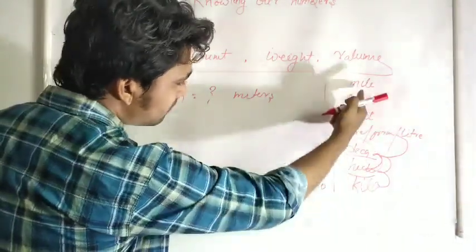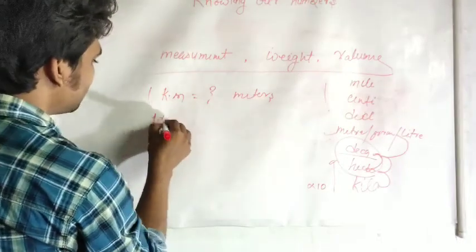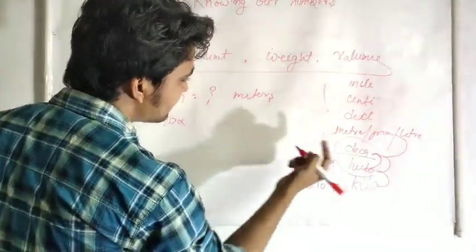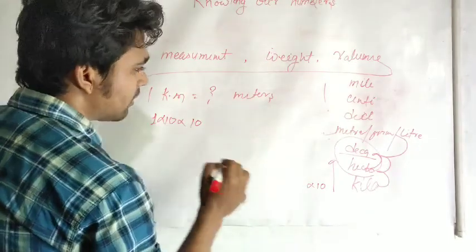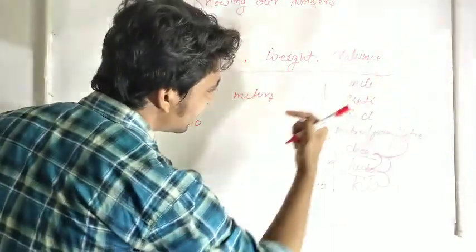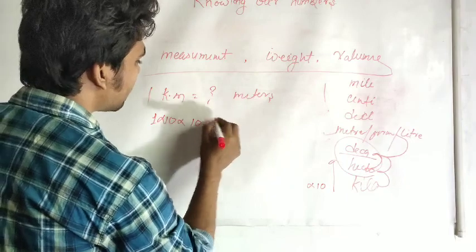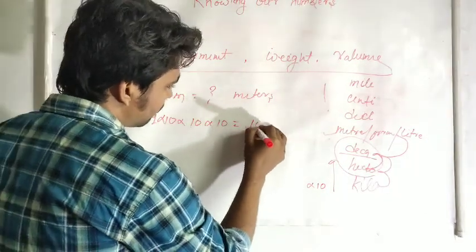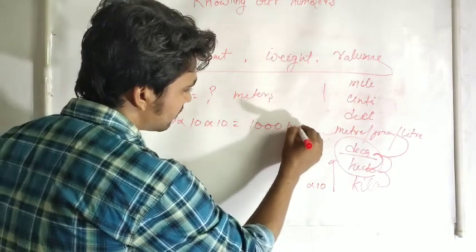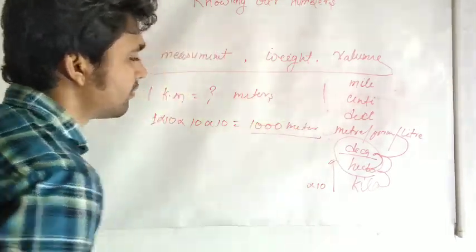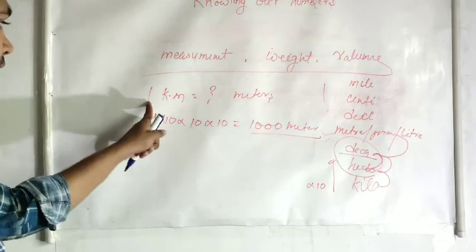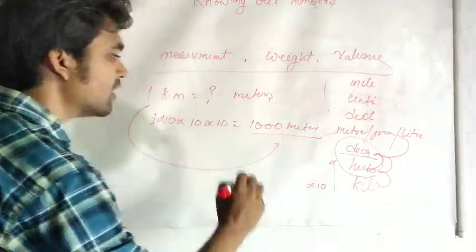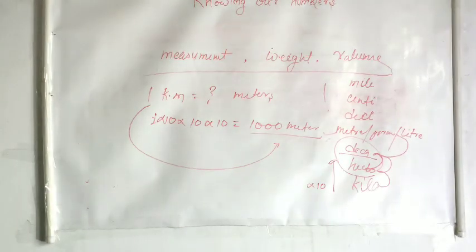When we go up one step, we multiply by 10. Again when we go up one step, we again multiply by 10. When we go up the third time, we again multiply by 10. Then it becomes 1000 meter. Then we can conclude that 1 kilometer is equal to 1000 meter.